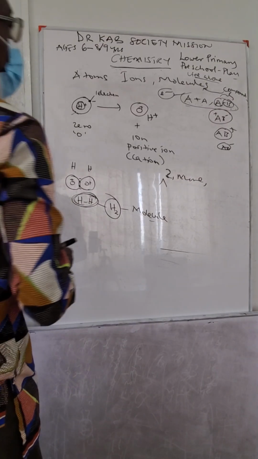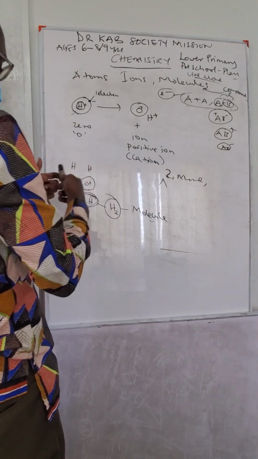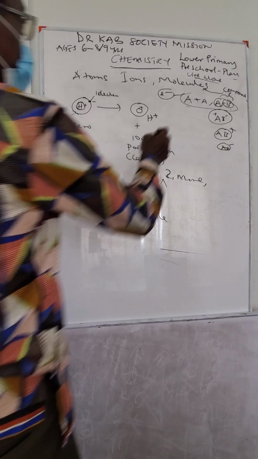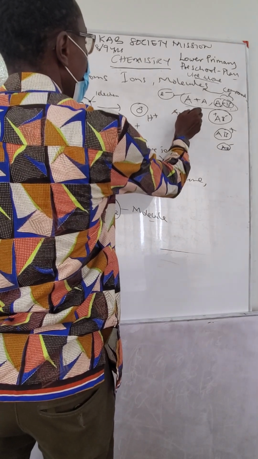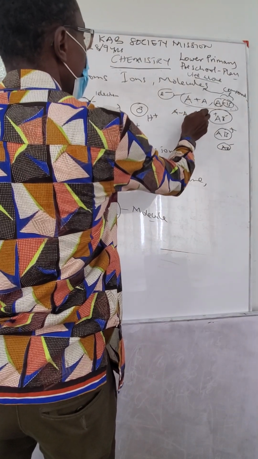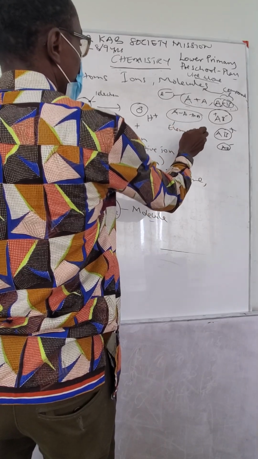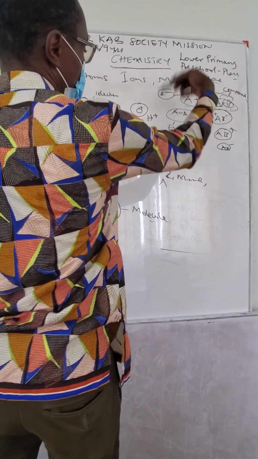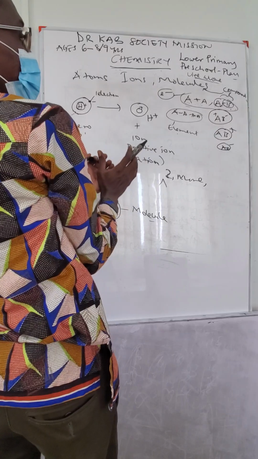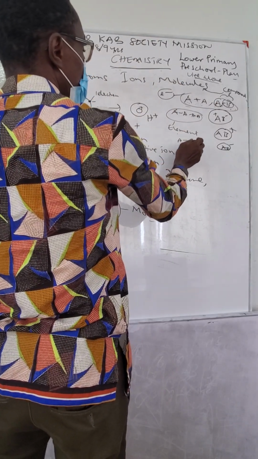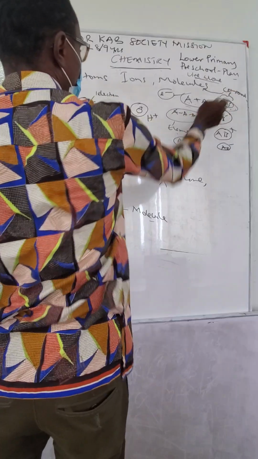So what we are saying is, if it is let's say A, this will be an element. And it is also a molecule, because it's standing alone, it can exist by itself. Then we have A to B. That's a compound.